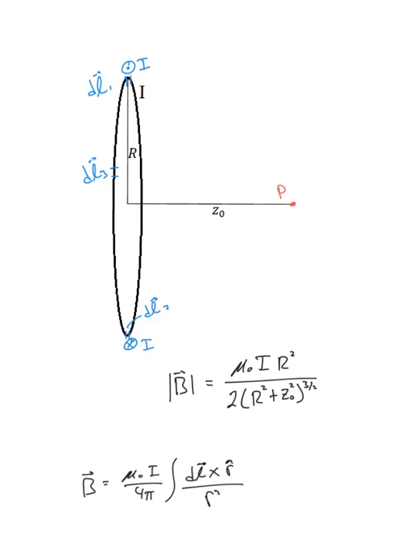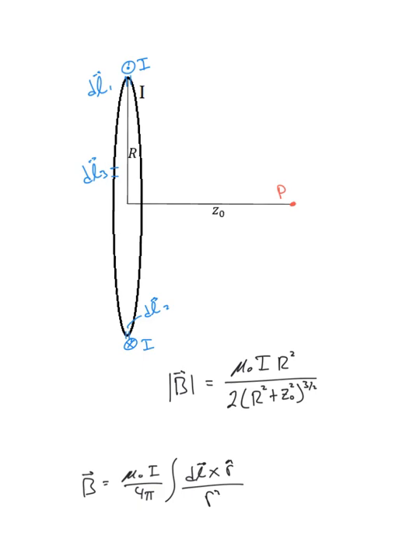We are not going to do that, but just as a reference here, my dl vector always points in the direction of the current at any given moment. So for example, dl1 points out of the board. At the top of my loop, the current is coming out of the board, so dl is coming out of the board.